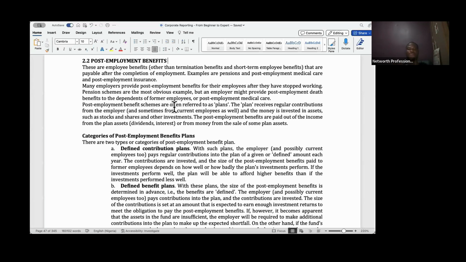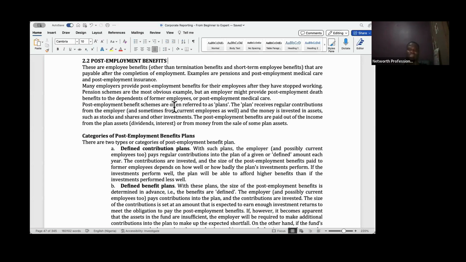You see, when it can be established that the obligation of the employer is beyond the contribution alone, is beyond what they are paying to the PFA, then automatically it becomes a defined benefit plan.